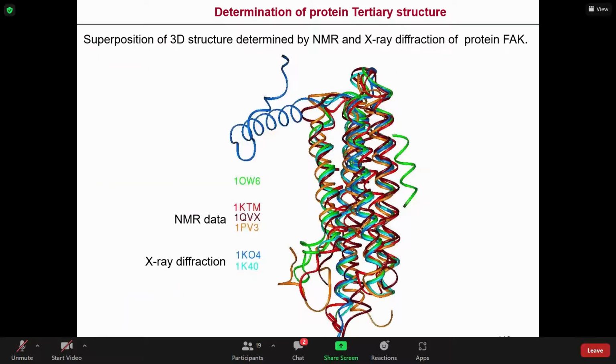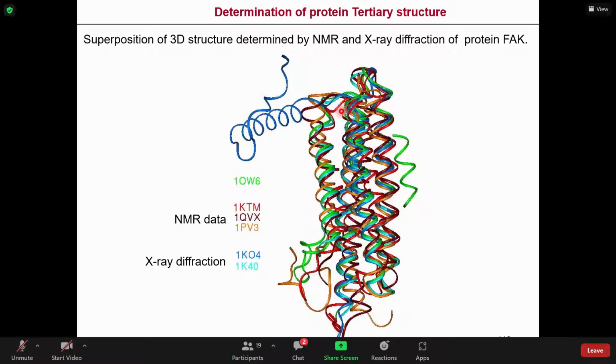Here you have an example with the superposition of a 3D structure determined by NMR, so in solution, and by X-ray, so as a crystal. You can see it's almost similar, except in this area, which is the random coil. It's not structured, not ordered.